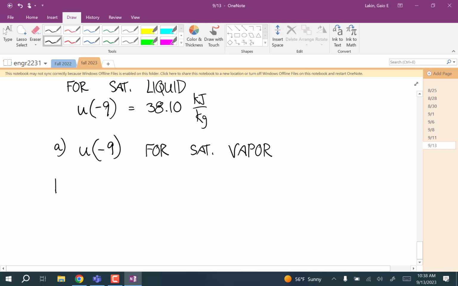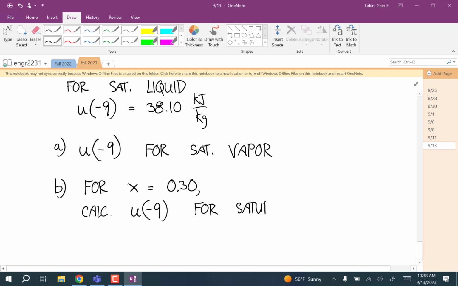And then second, if we know that we have a quality of 0.30, calculate the specific internal energy at -9 degrees Celsius for the saturated mixture.